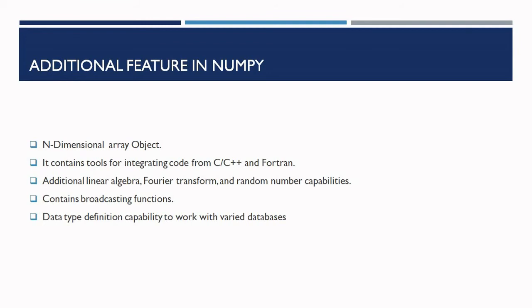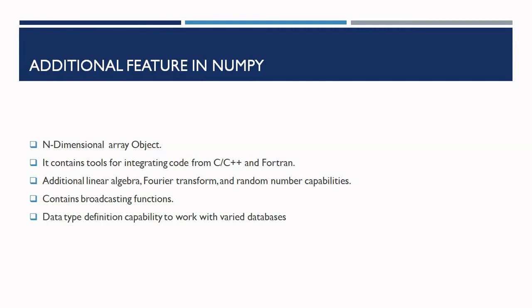Additional features in Numpy: because of the n-dimensional array object, it contains tools for integrating code from C, C++ and Fortran. So we can use functions in Numpy to work with code written in other languages. We can hence integrate the functionalities available in various programming languages. This helps us implement inter-platform functions.